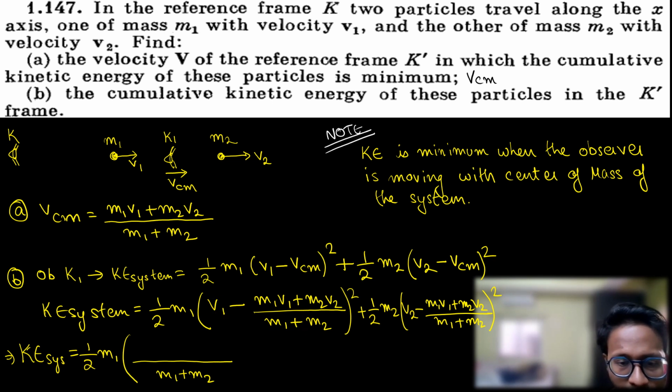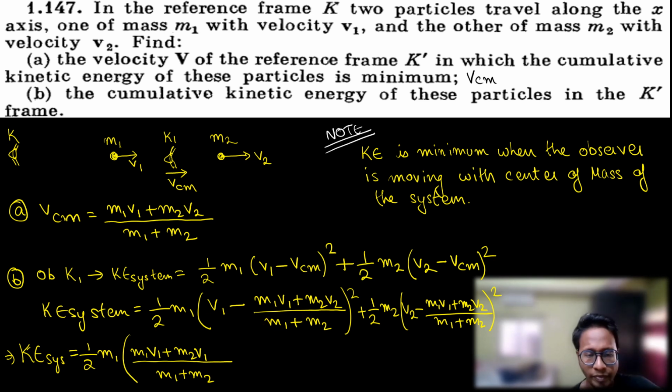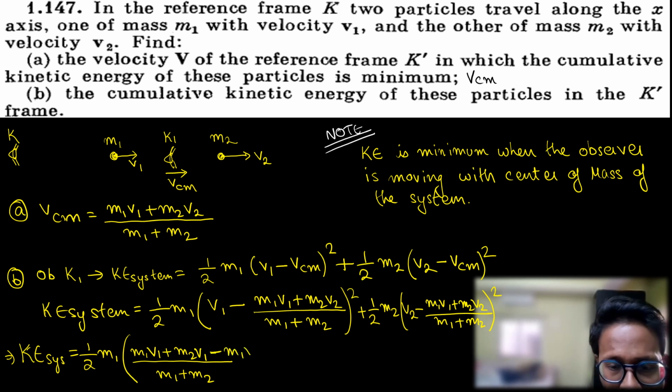So m1 v1 plus m2 v1, I multiply this entire denominator with this v1 minus (m1 v1 plus m2 v2), sorry, not plus, minus. The minus is outside, so it will be multiplied, whole square.